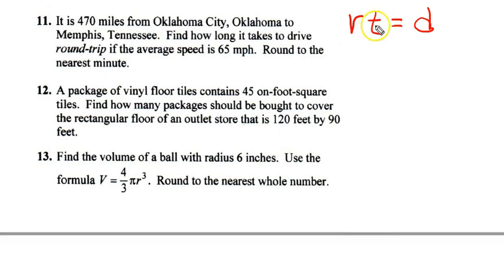And we're looking for time here. Now, we know the rate is 65. We don't know what t is. That's our time. But remember, distance is round trip. So if this is one way, our total distance, when we multiply this by 2, will be 940 miles. So to find time, then, we're going to divide by our rate, which is 65.